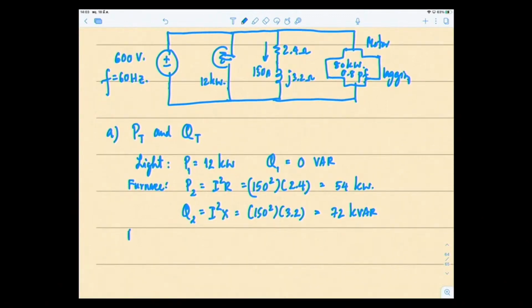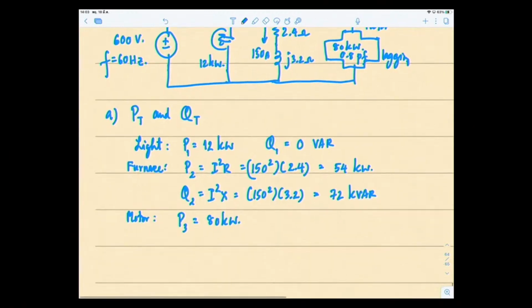The third load, the motor. It said 80 kW, so you know right away that's the average power. So P3 is equal to 80 kW. For Q, the reactive part, you know that it's 0.8 PF.